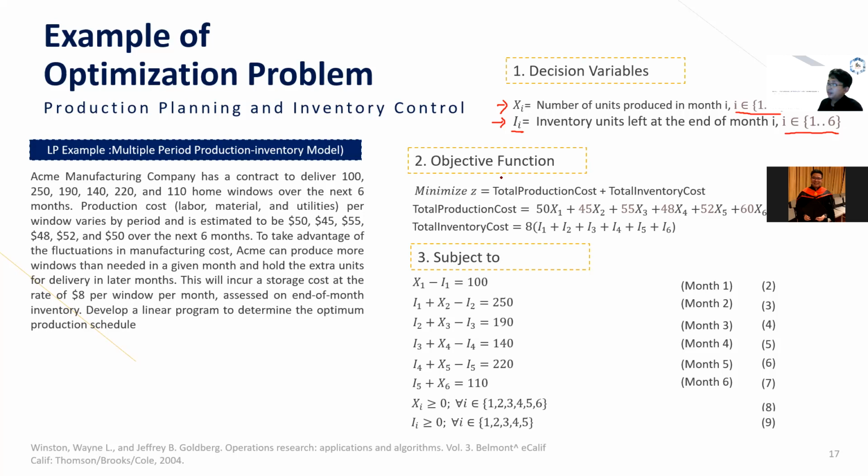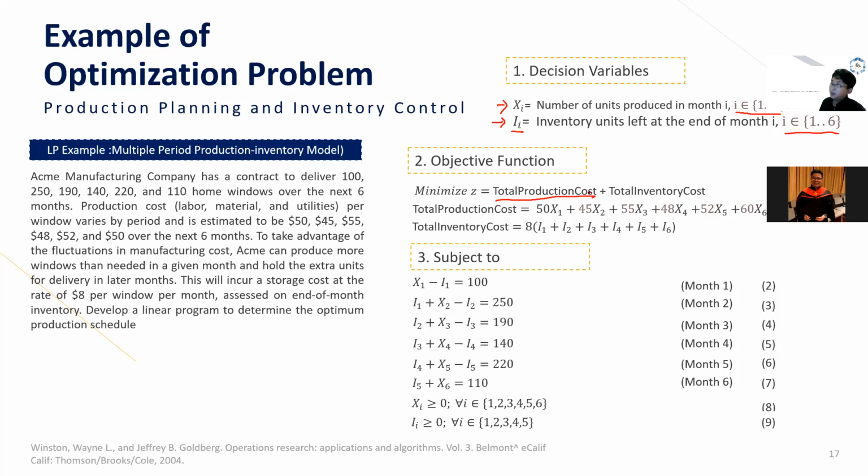So the objective is to have the plan that incurs minimum cost, in which the cost consists of production costs, based on how many we produce, and also inventory costs.